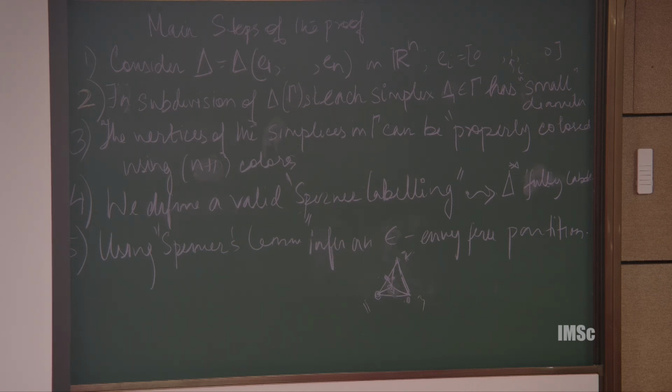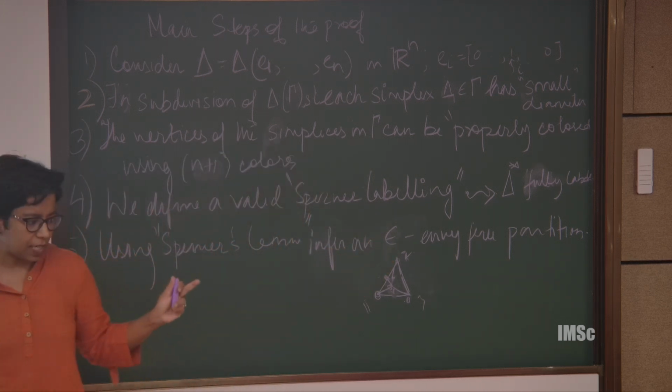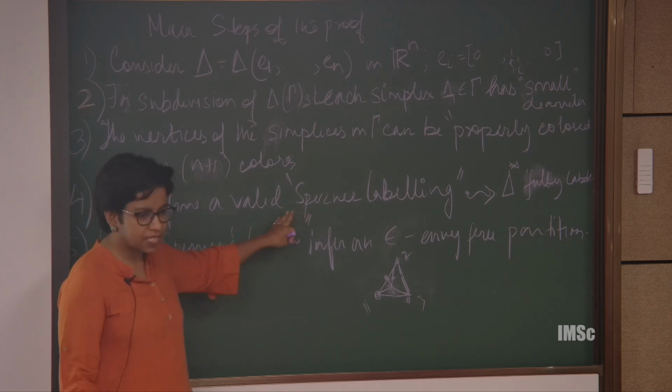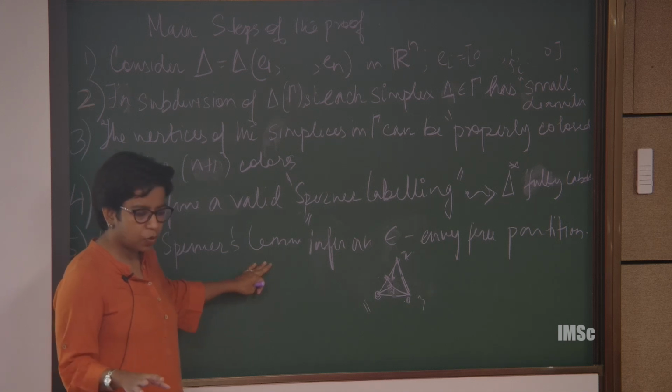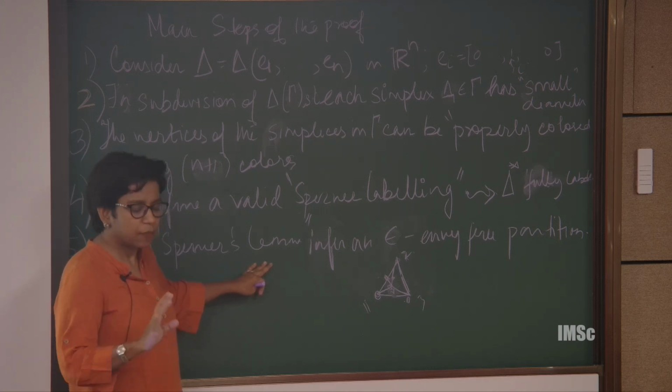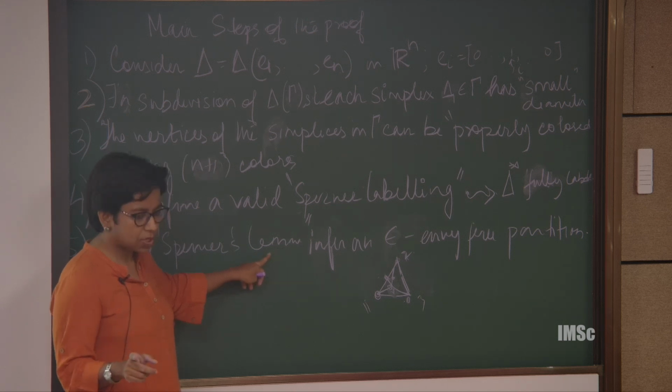Okay. So, that is essentially what the Sperner's labeling does. Sperner's lemma says that as long as you have a valid Sperner's labeling, the lemma will hold, and we will be able to find, I will tell you exactly what it means in terms of a simplex in n dimensions.